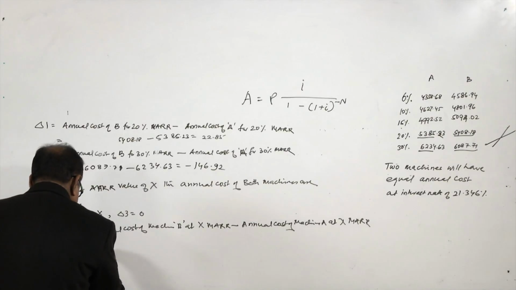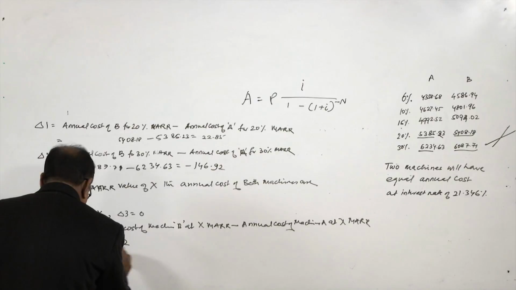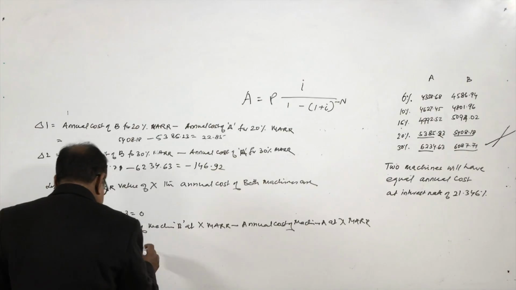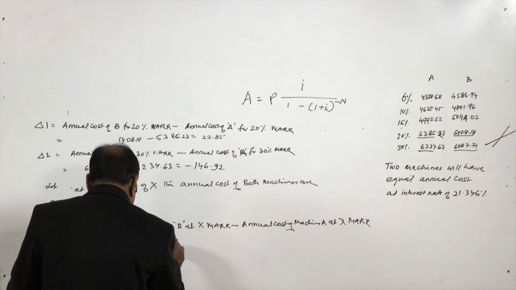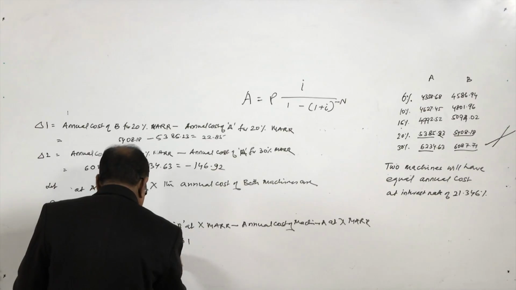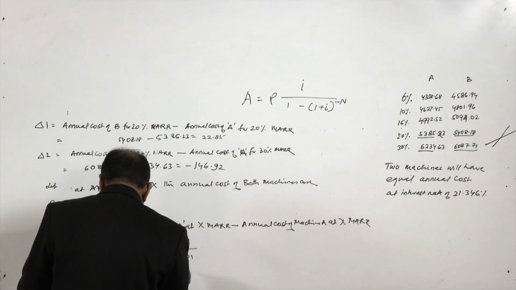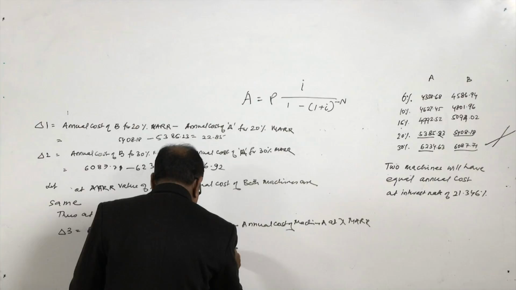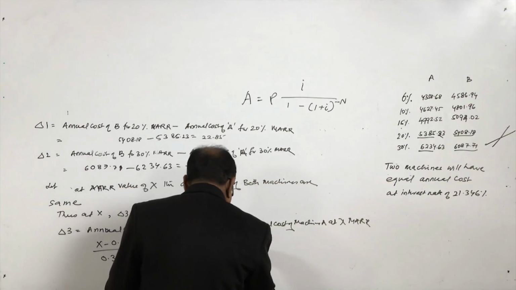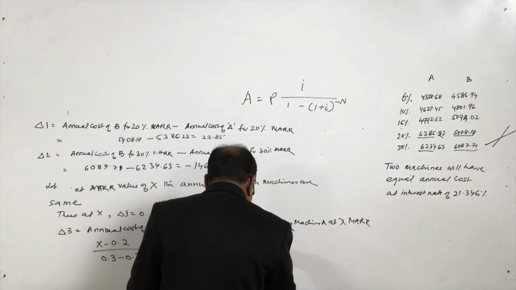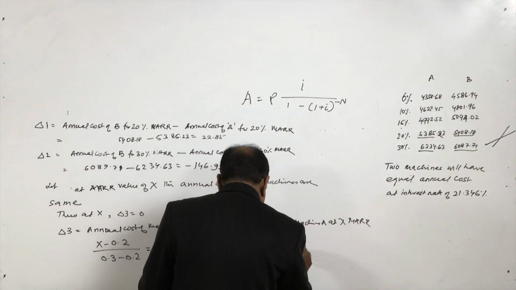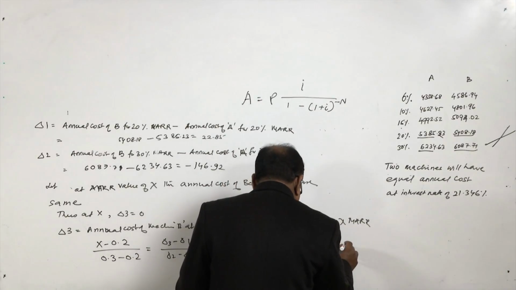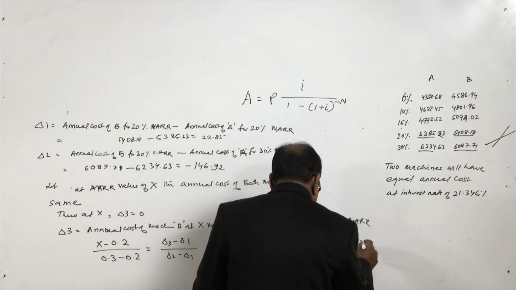Now, I can write down x minus 0.2 divided by 0.3 minus 0.2 is equal to delta 3 minus delta 1 divided by delta 2 minus delta 1, or x is equal to 0.2 plus delta 3 minus delta 1 divided by delta 2 minus delta 1 into 0.1.